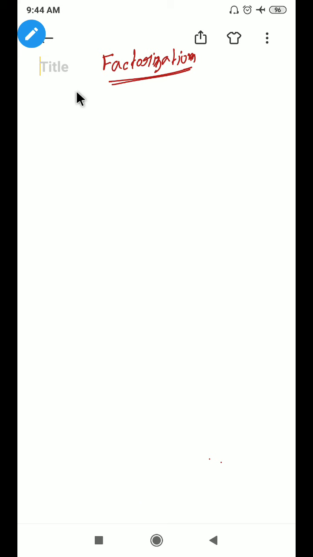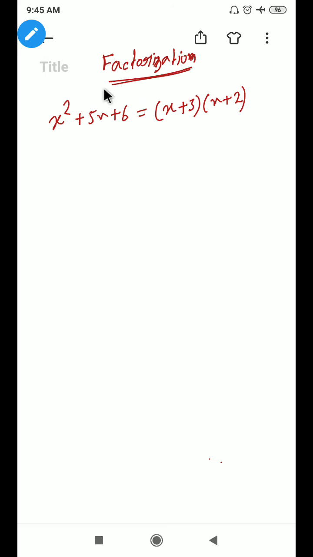So what is factorization? When a polynomial is expressed as the product of two or more expressions, each expression is called a factor. Suppose one polynomial is given, x square plus 5x plus 6. You can express this as x plus 3 into x plus 2, because if you multiply these two, you will get this expression here.